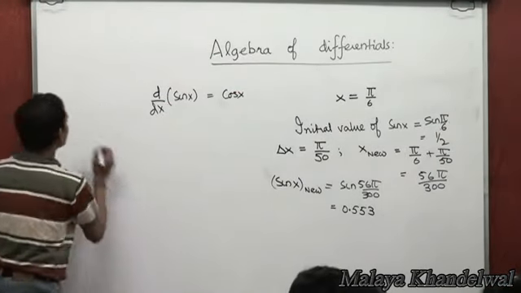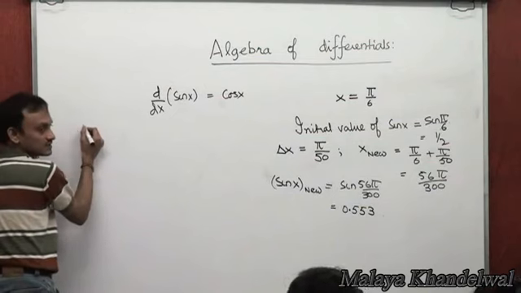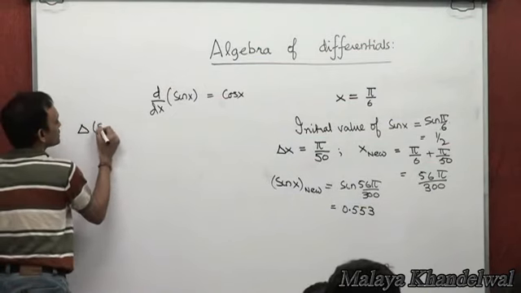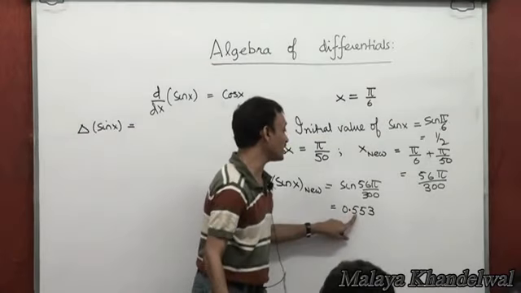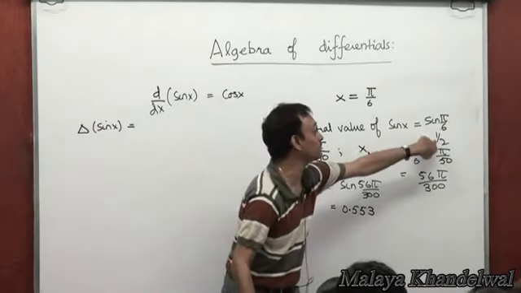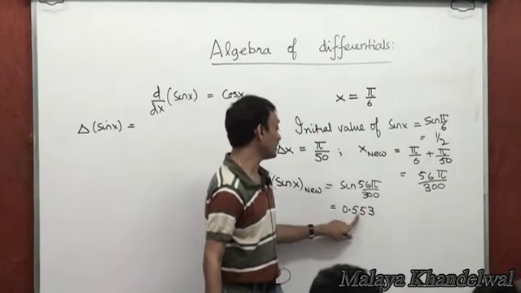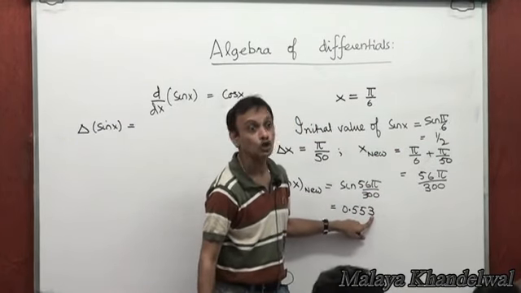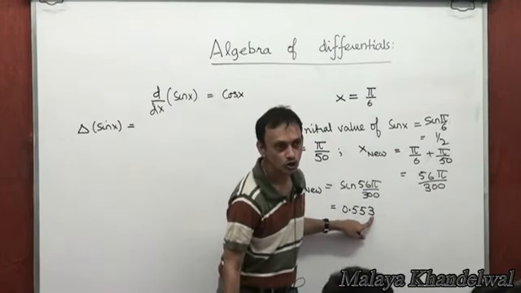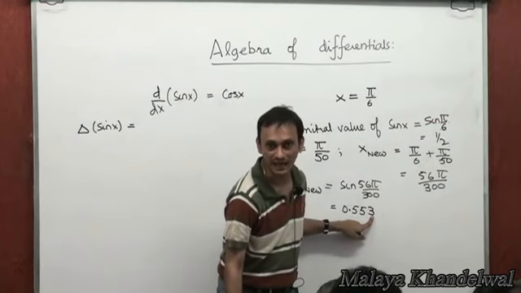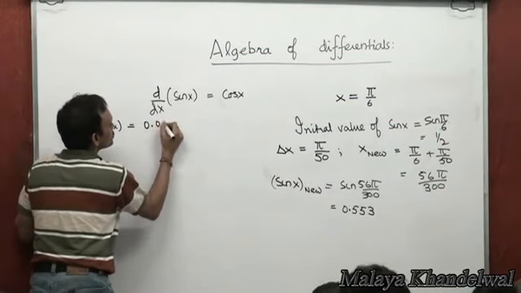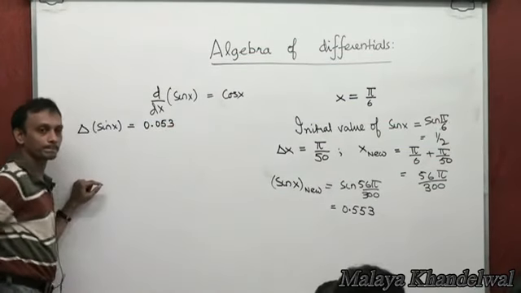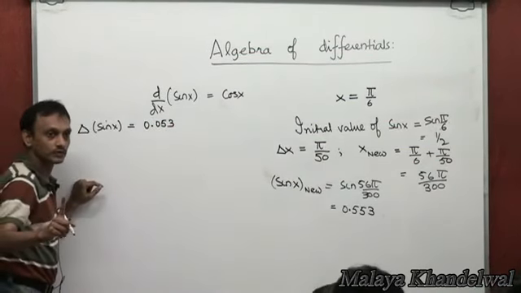Now, what is the change in sine x? Final value of sine x minus initial value of sine x. The initial value was 0.5, the final value was 0.553. So 0.053 is the change in sine x. Yes or no?